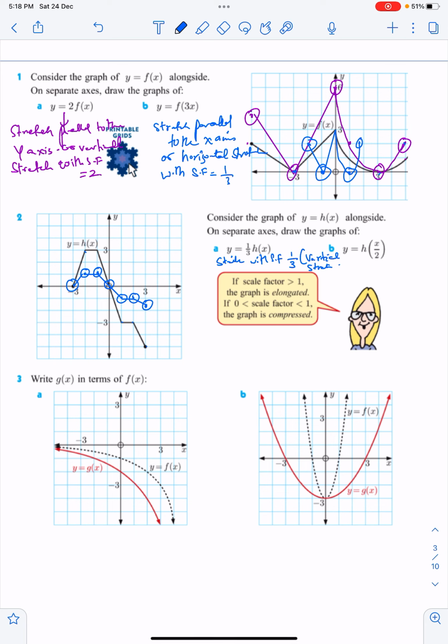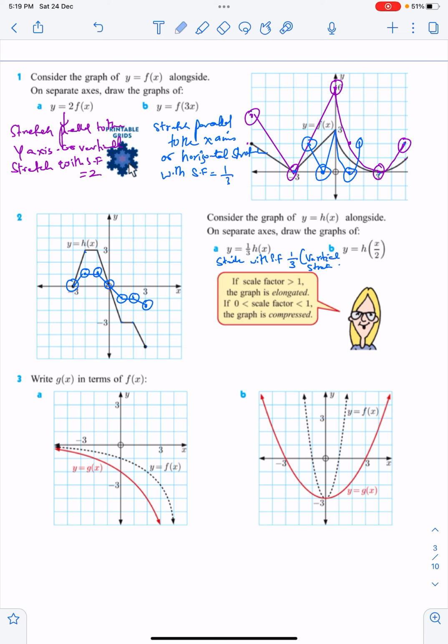Okay, this is done. Now in the next part, we know it's a stretch with stretch factor 2, because the reciprocal of half is 2, and it's parallel to the x axis.